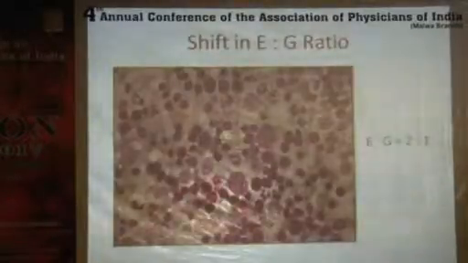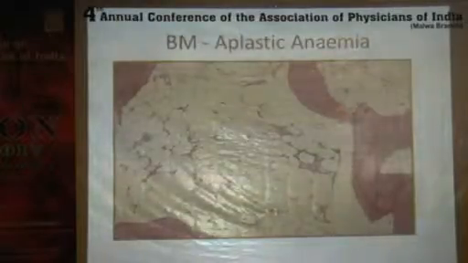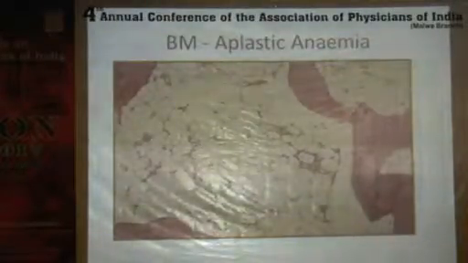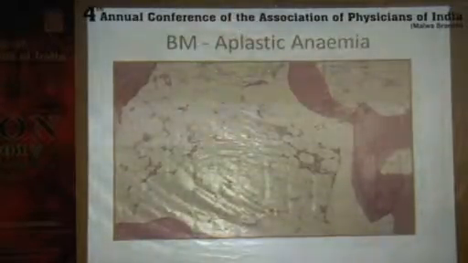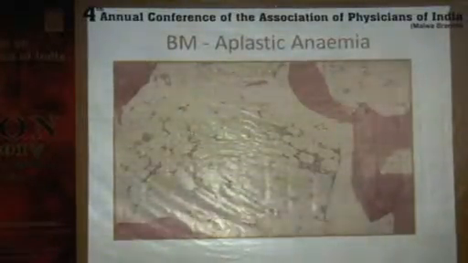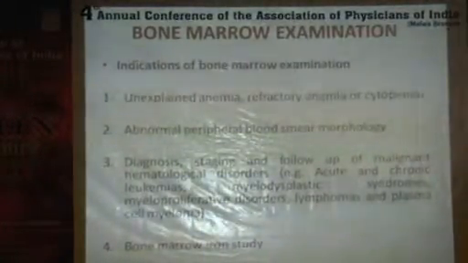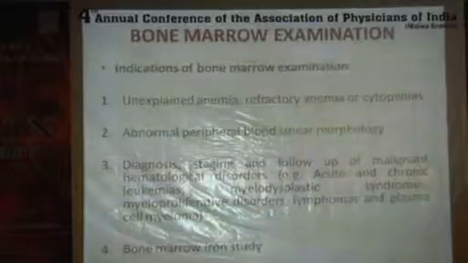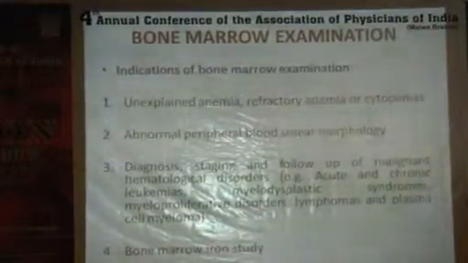These 2 slides are in contrast. This is a pale looking slide, white looking bone marrow. It has lost its pink glue because this bone marrow is replaced by fat cells, pale looking cells, as happens in aplastic anemia. As a clinician, we should know what are the indications of bone marrow examination in a patient of anemia. This question sometimes comes to our mind.